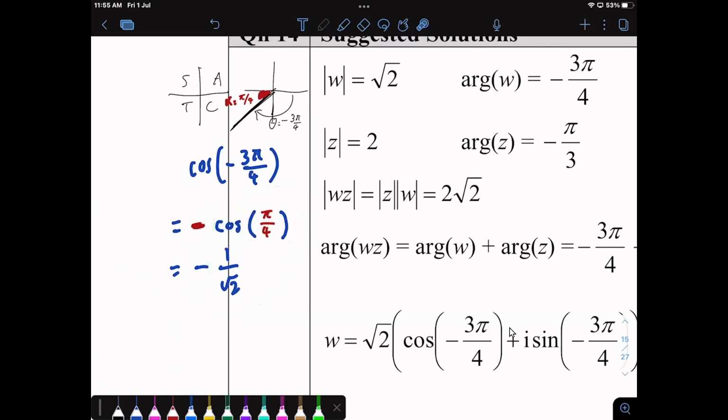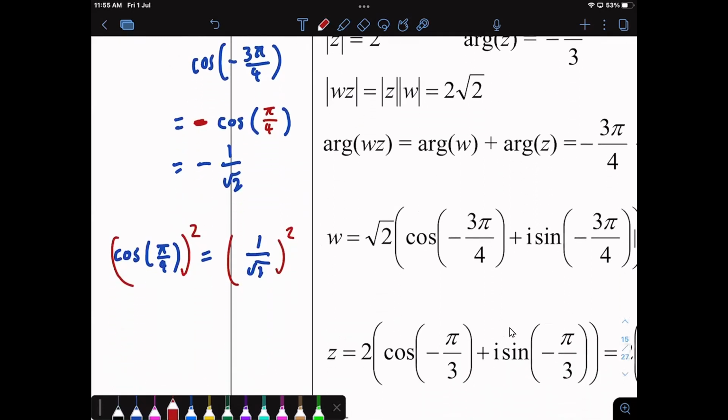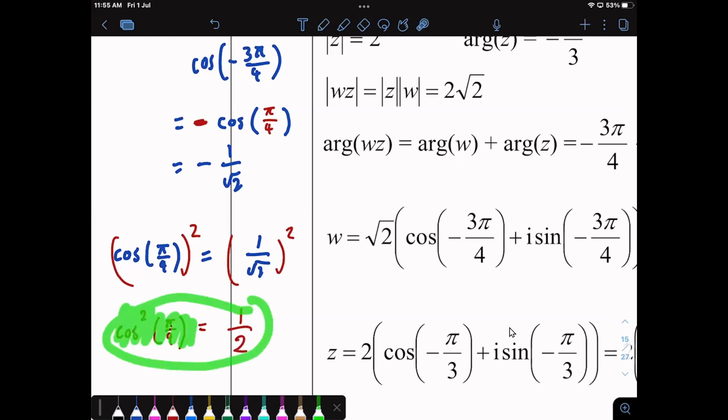This part, if you cannot calculate it or cannot remember, then you must use the trick. Did I explain this trick to you already? Square both sides. So cosine squared of pi by 4 will be equal to 1 over 2. Is this correct? Can you type this in the calculator? Do you get 1 over 2? Yes.